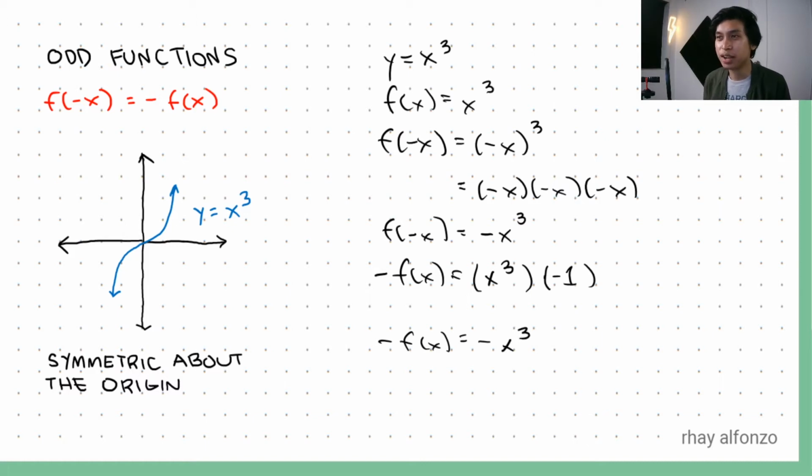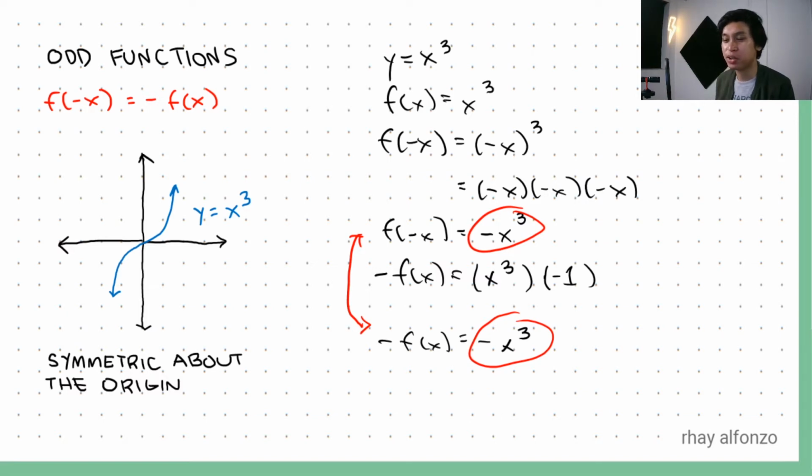Now, we compare f of negative x with negative f of x to see if they are equal. So f of negative x is equal to negative x cubed, and negative f of x is equal to negative x cubed as well. Therefore, the function y is equal to x cubed, or f of x is equal to x cubed, is an odd function. Sir, paano ulit pag may constant?